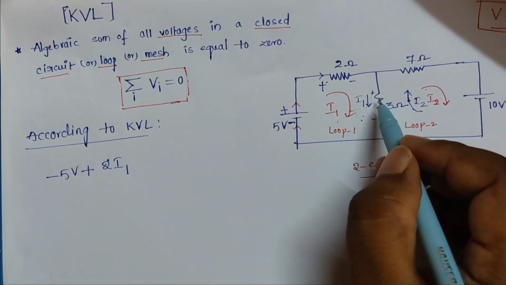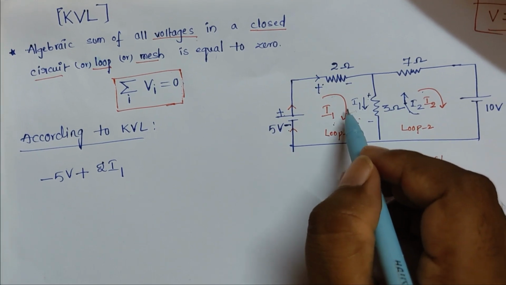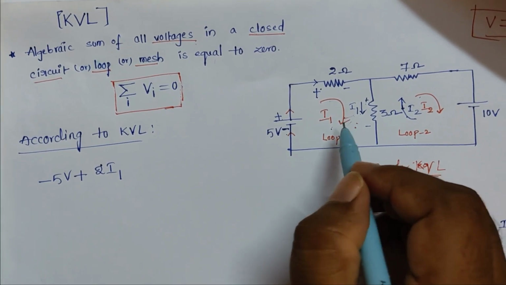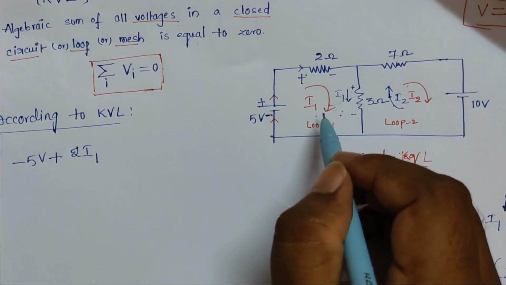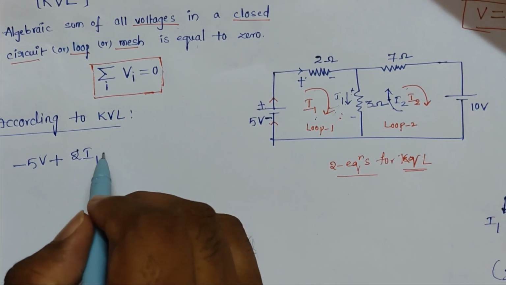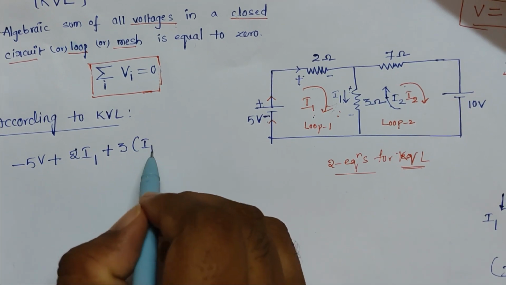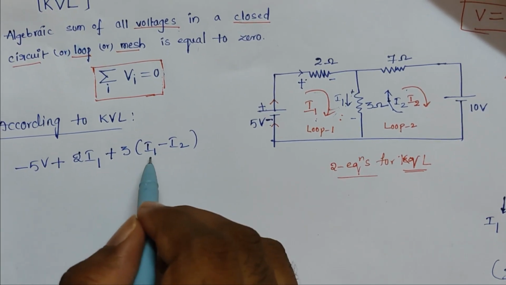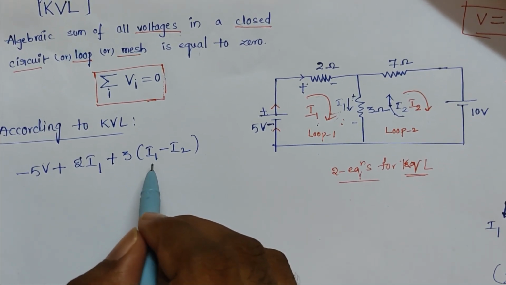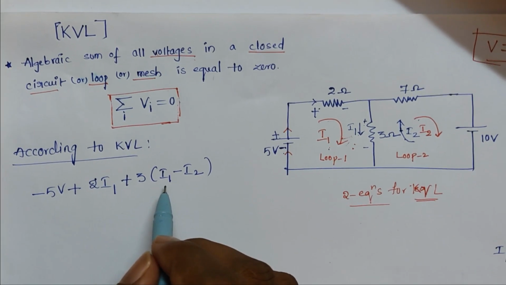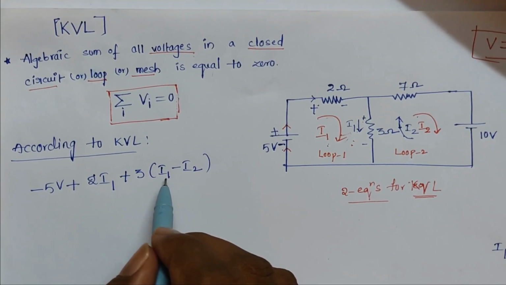We consider I1 first because we are writing the expression for the first loop. So 2 I1 plus 3 times I1 minus I2. If we write the expression for the second loop, I2 will come first.